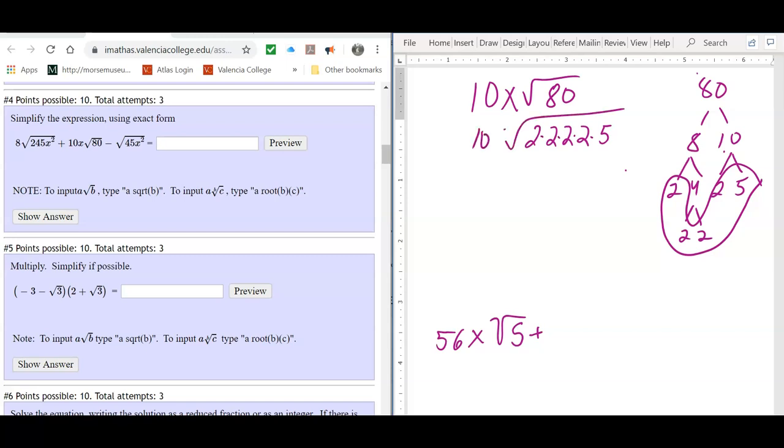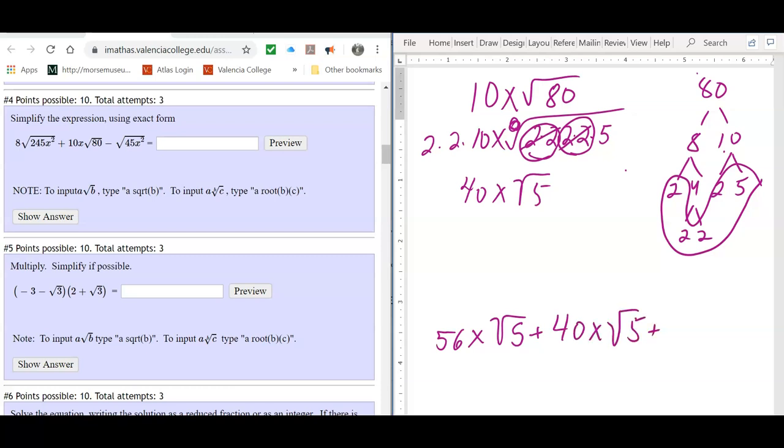My grouping size, once again, is a 2 because I don't have any group size. I know it's a 2. So every time I circle a group, one member comes out of the factor in the front. So I'm left with 2 times 2, which is 4, times 10 is 40x square root of 5. So let's put him down here.